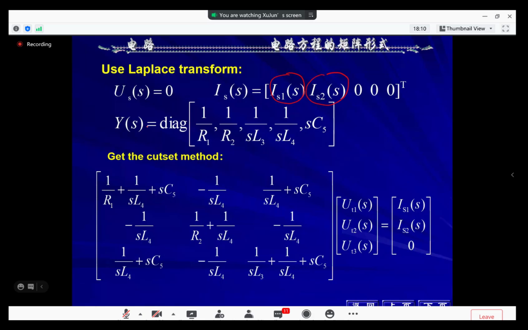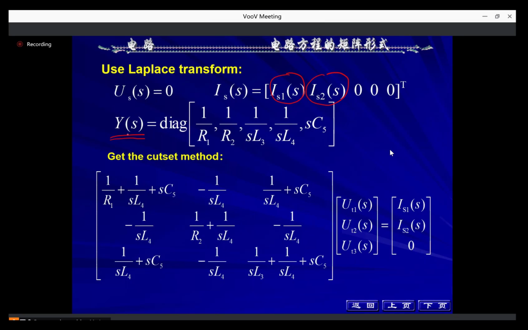And then we draw the admittance matrix. Why admittance matrix? It will be a diagonal matrix. So when we get the Q, Y, US, IS, then we draw the function. Q Y Q transpose UT equals QIS minus QYUS.